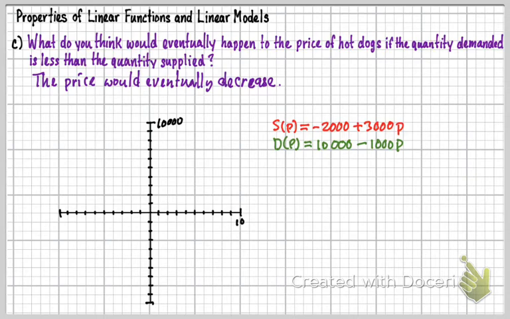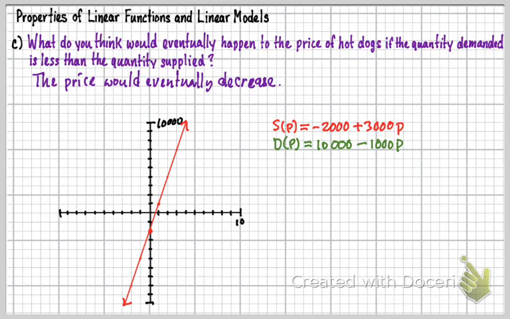So for -2, my point is going to be here. Then I'm going to rise over run, and that's going to be a positive 3,000, so 3,000 over 1. So I go up 3 and over 1, and that puts me here. That's my next point. Now I just have to draw a line for that. So there's my supply. Now let's do the demand here.